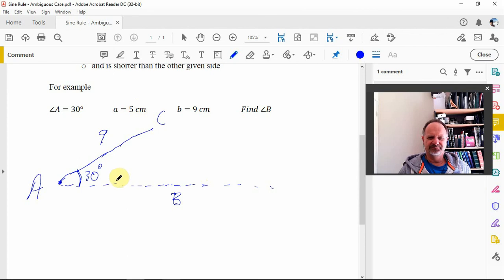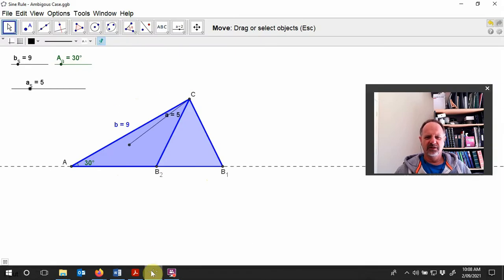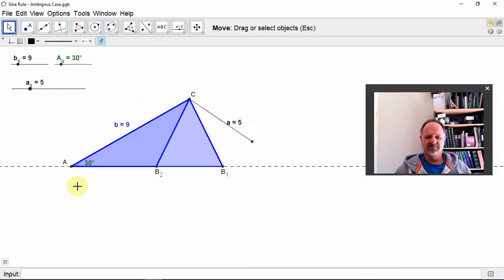That's the question. And so I've got this animation here, and I've got my triangle drawn. There's my angle of 30, there's my side length B, and here's this line, length 5, and see it's swinging around, and so it touches that dotted line that I did. It touches in two places.